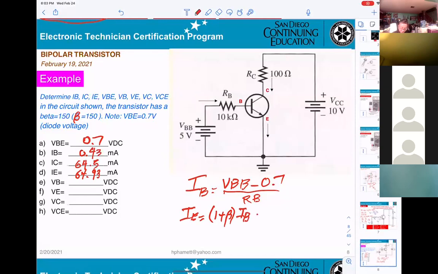Or if you want IB, you can use the formula IE divided by 1 plus beta. That's not a formula very good for doing a calculation.